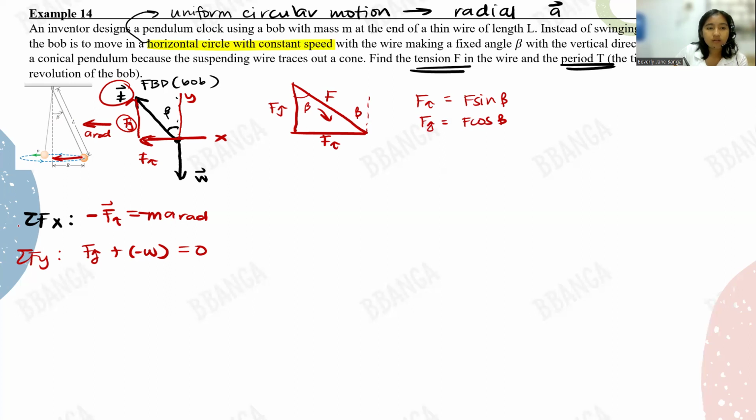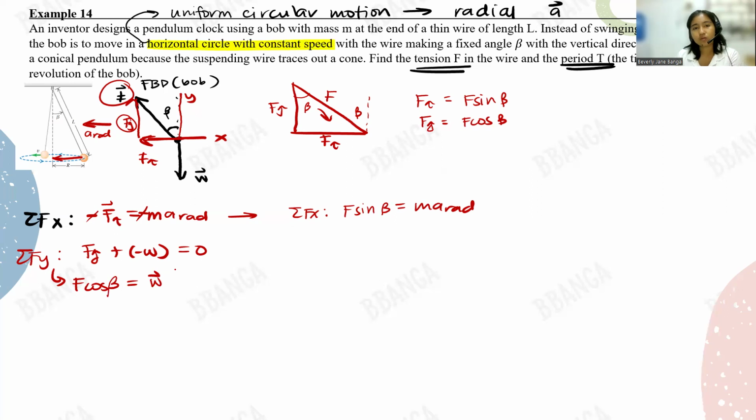So, I'll rewrite my equation. Itong Fx natin, F i is F sine beta equal to m a-rad. So, tinanggal ko na yung negative kasi mag-cancel out naman yan. And then for Y naman, this is simply F cosine beta is equal to weight.